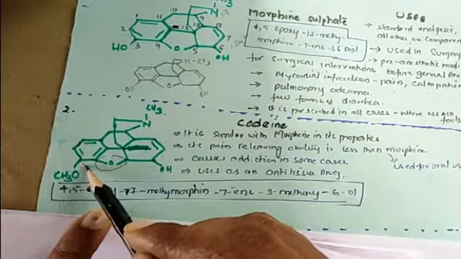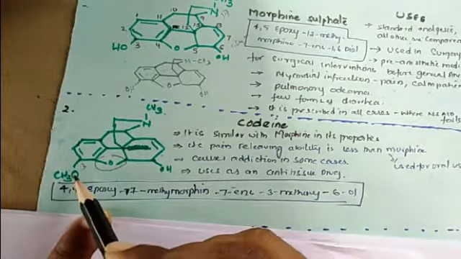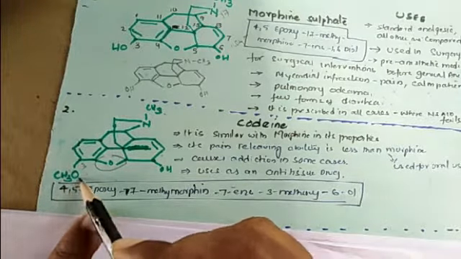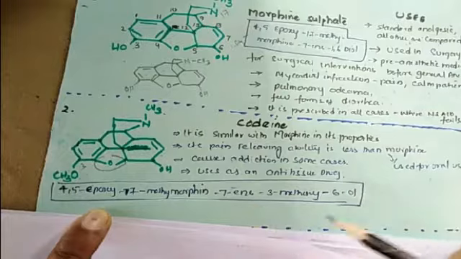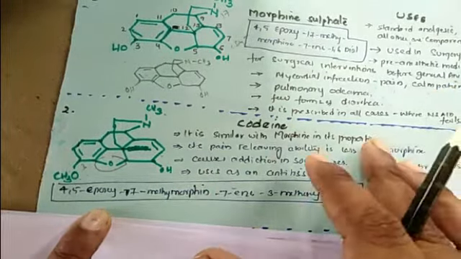At the third position, morphine analogs generally have a hydroxyl group. Instead of the hydroxyl group, we introduce CH3O, an ether group, so methoxy, with 6-OH. This is the structure of codeine.